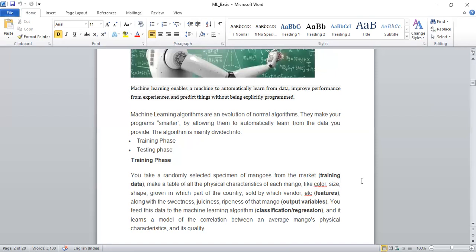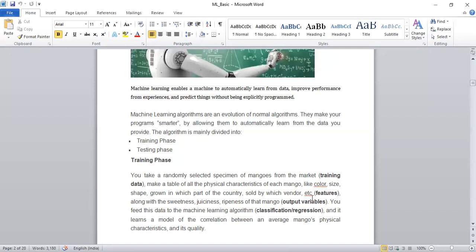You feed this data to the machine learning algorithm. Along with the features, you have to feed the sweetness and juiciness, that is your output variable. You have to feed this data to the machine learning algorithm, either classification or regression.